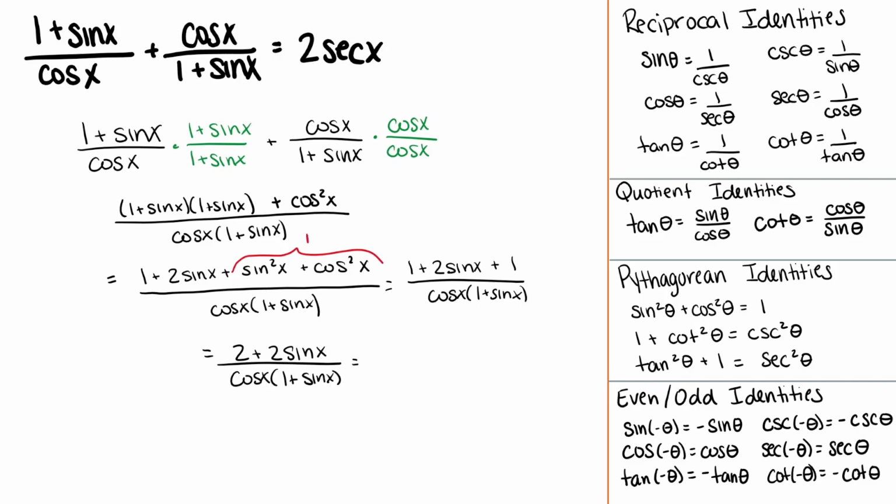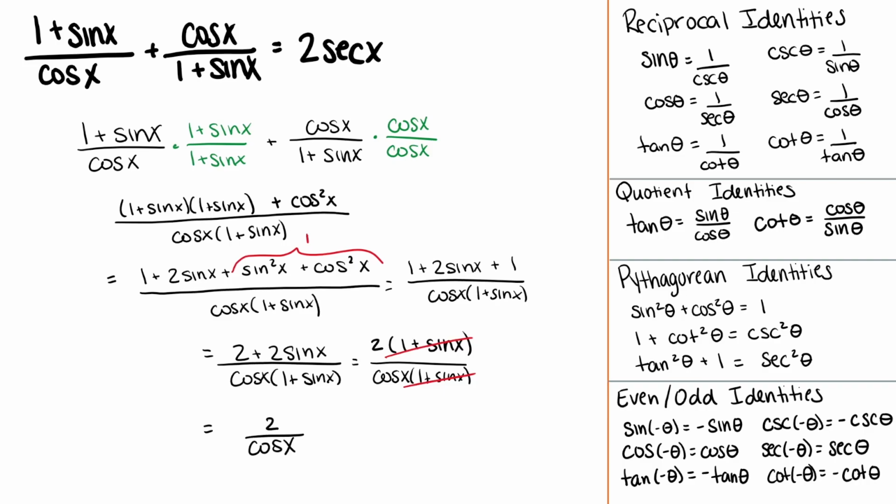And from here, we can factor out a 2. If we factor out a 2 from our numerator, we'll get 1 plus sine x left over, all over cos x times 1 plus sine x. So now, our 1 plus sine x's will cancel, and that gives us 2 over cosine x.